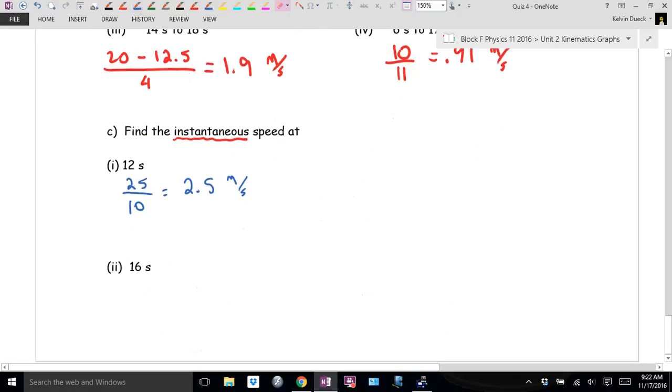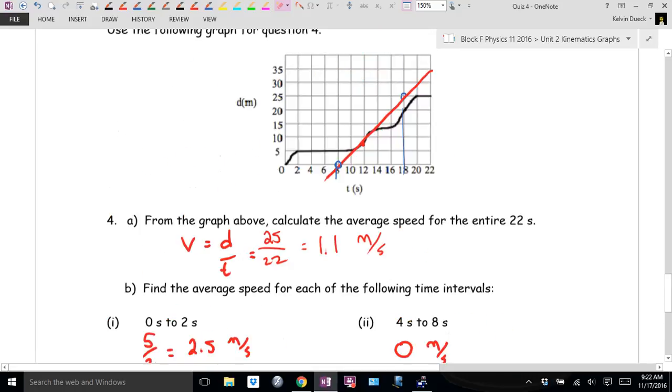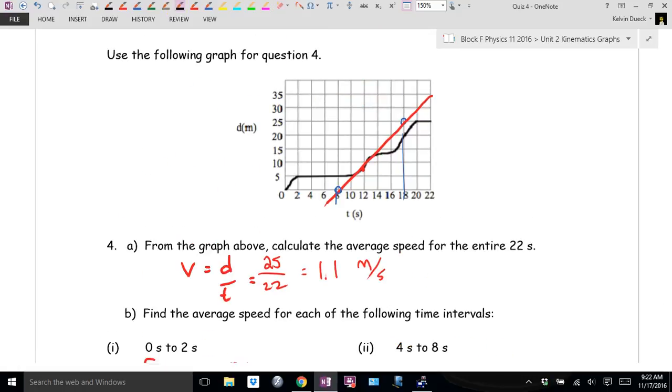Last one. 16 seconds. Okay, I'll do that one in black just so I can leave them both on here. 16 seconds is right there. I can already tell you it's going to be shallower, less slope. To me, mine looks about that steep-ish.